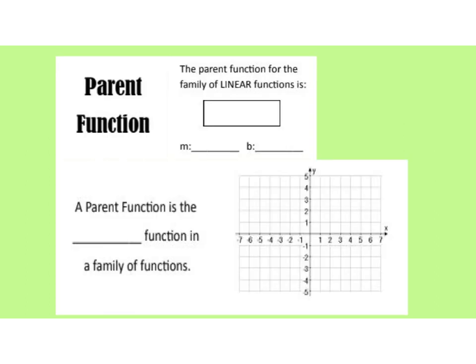But before we start, today we're going to talk about what a parent function is. In this case, a parent function is f of x equals x, or we could even say y equals x, where our slope is 1 and the y-intercept is located at 0, 0. So this is like the most basic equation there is.